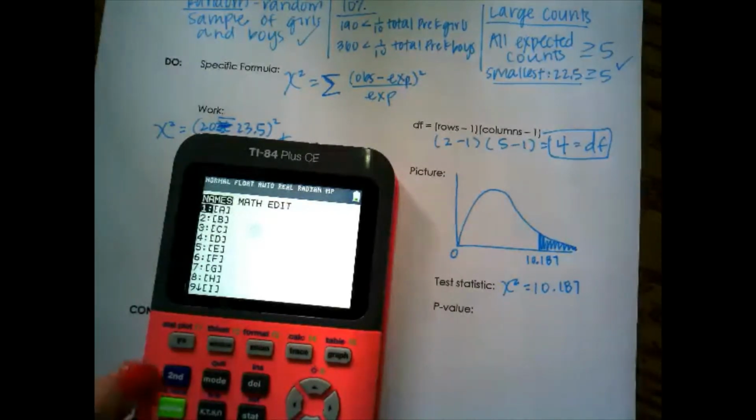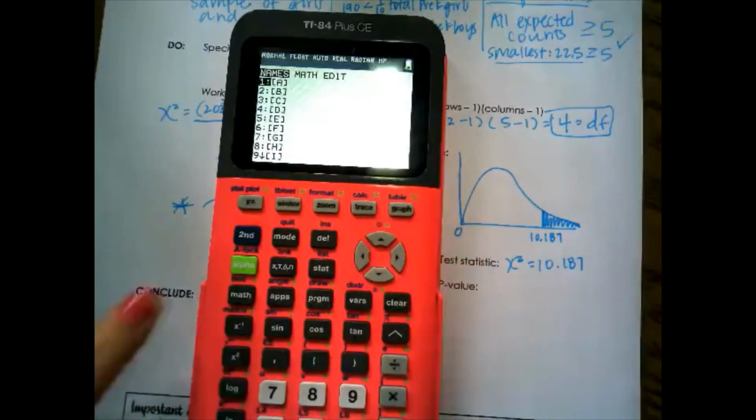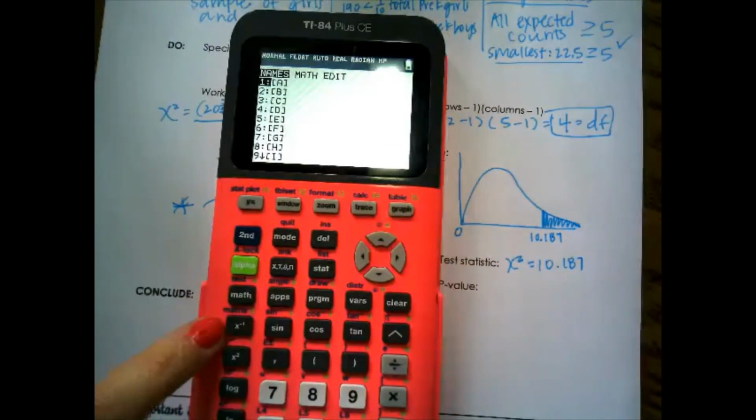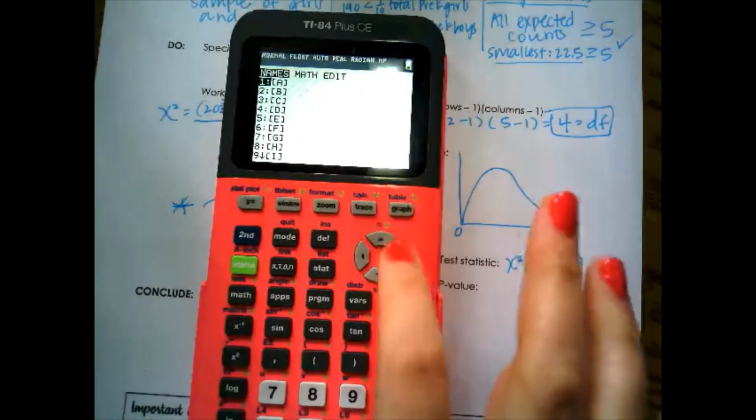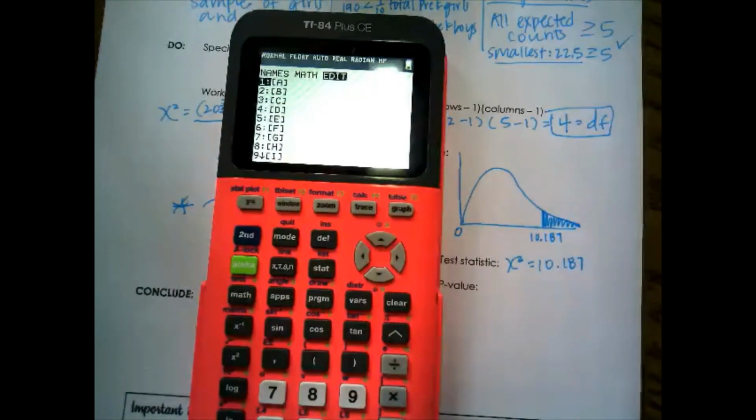So what you're going to do, you're going to push second, x to the -1. Right above it, it says matrix in blue. Okay, and then you see all these matrices that you can use. I'm going to click the first one, but we're first going to go to edit. So scroll over to edit, and then let's just click matrix A.